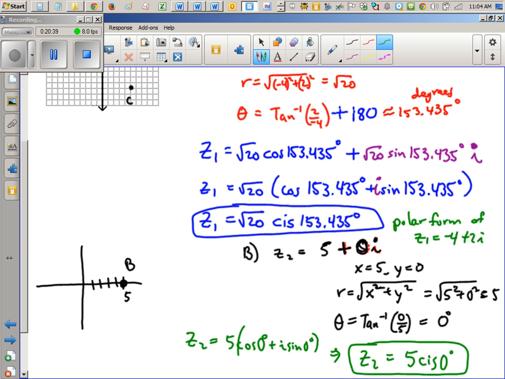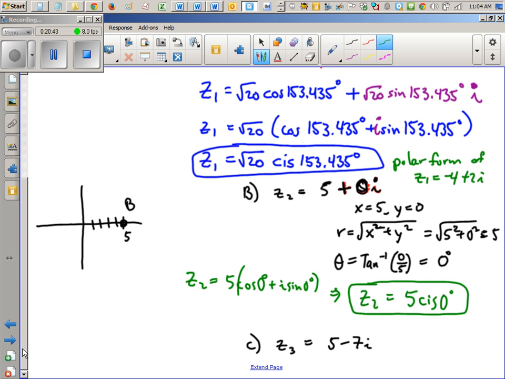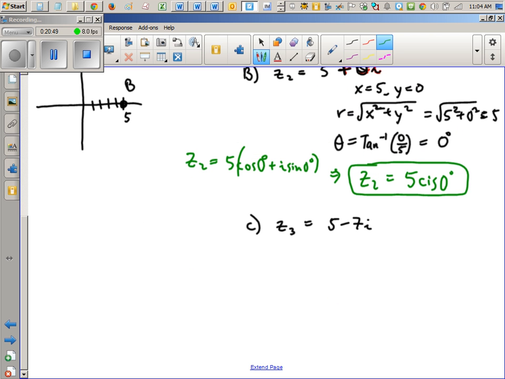Let's try the third one. So the third one is 5 minus 7i. This is the one Blake gave me. Okay, so identify your x and your y. Class, let's work this together. So x is what? 5. y is what?